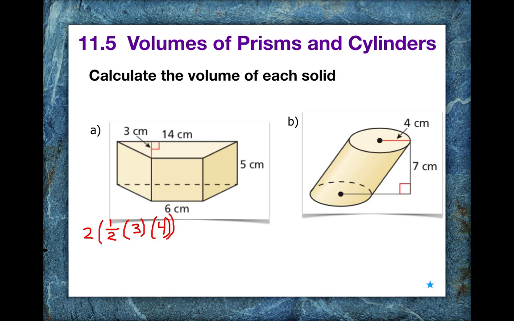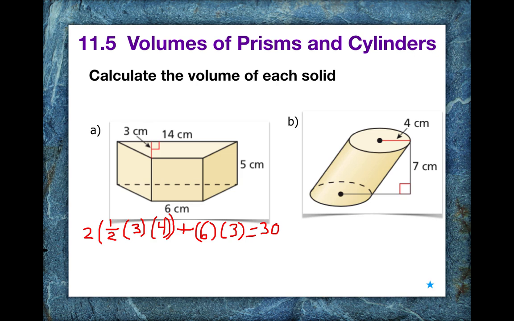And then I'm going to add a rectangle. So this is the rectangle in the center here, and it has a side length of 6 and a height of 3. And when I add all of that together, I get 30 centimeters squared. That's the area of this base here.